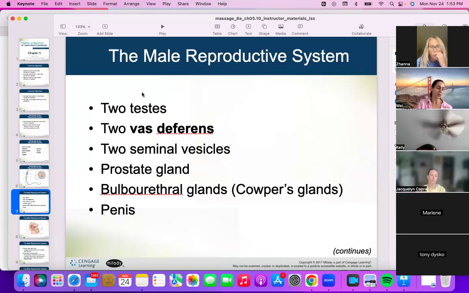Now, what does the male reproductive system consist of? We have two testes, right? Two vas deferens, more like tubes or ducts. We have seminal vesicles, which I'll explain in detail, each one of them, prostate glands, more glands, and the actual penis, okay? So let's start with the testes.